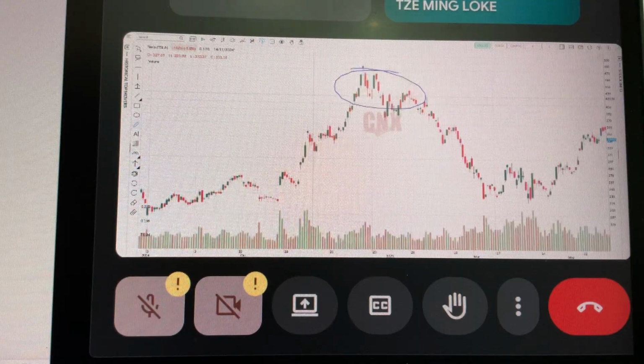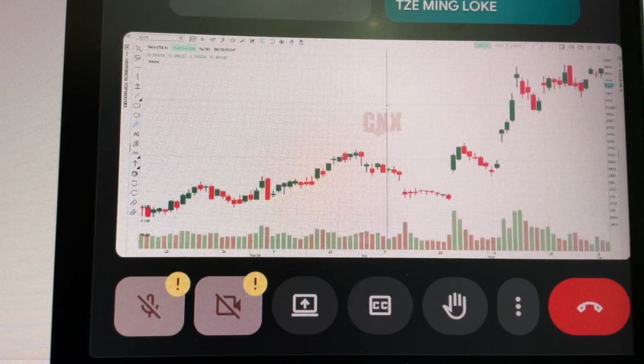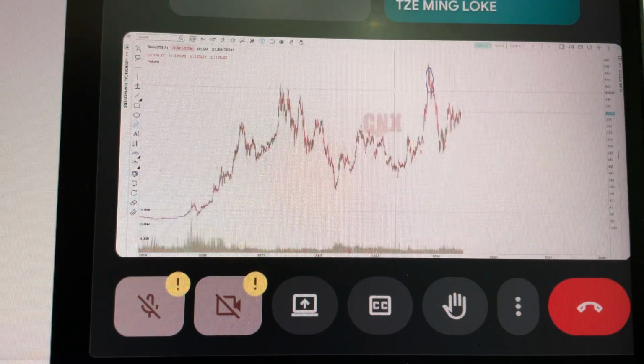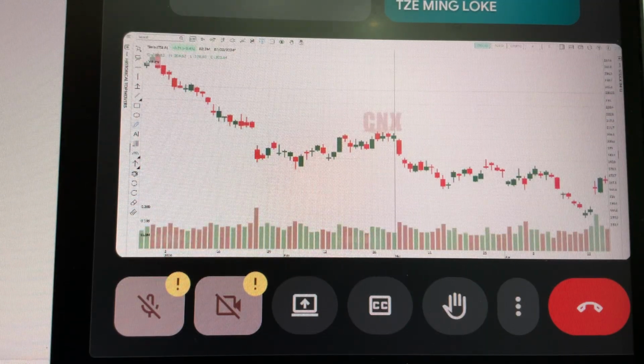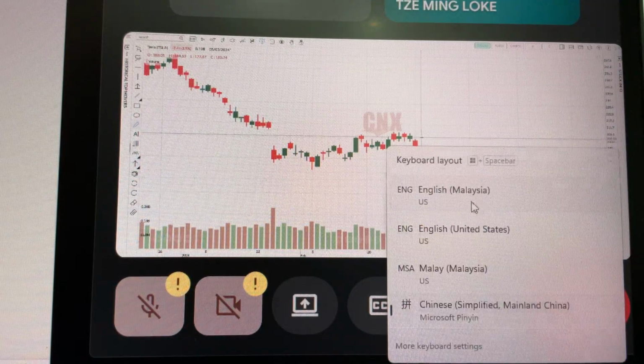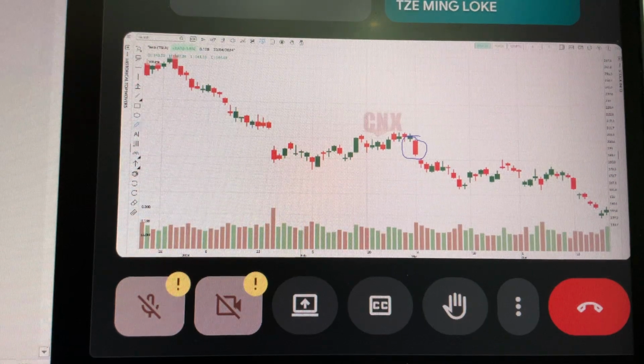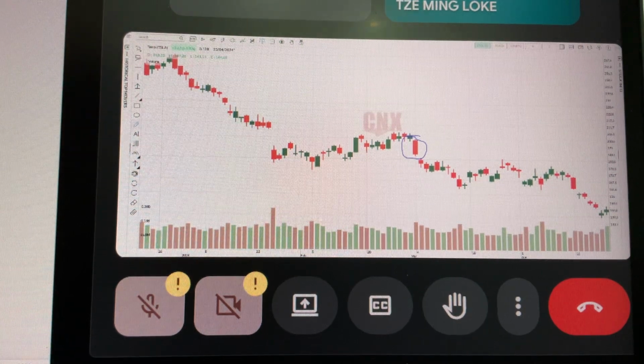If I zoom in, you can see that every day is represented by one so-called candle. So we call it candlestick charting. Every day the price is represented by one candle.